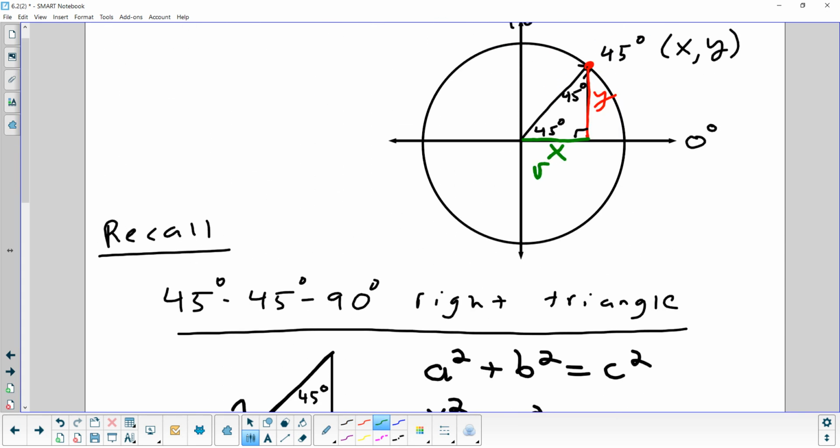So this side from here to here is square root 2 over 2. And this side from here to here is square root 2 over 2. So, based on that, anyone think they can tell me the coordinate for 45 degrees?